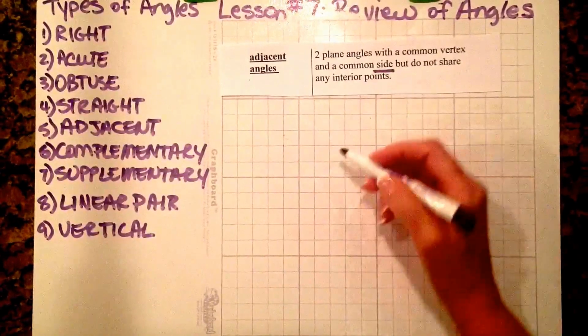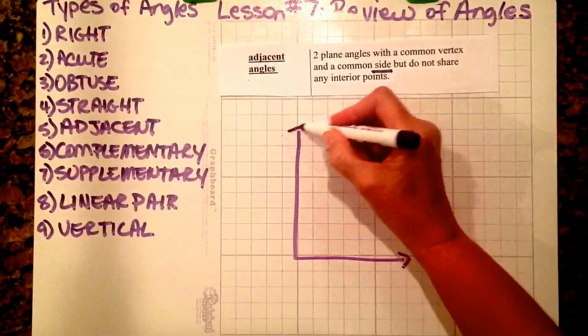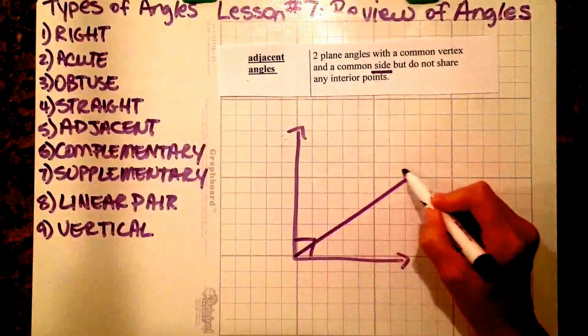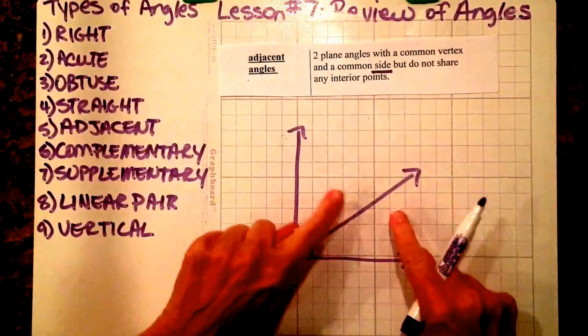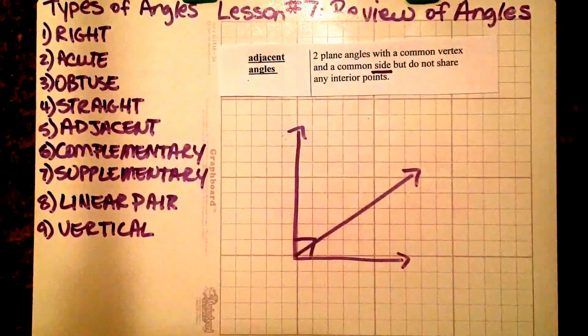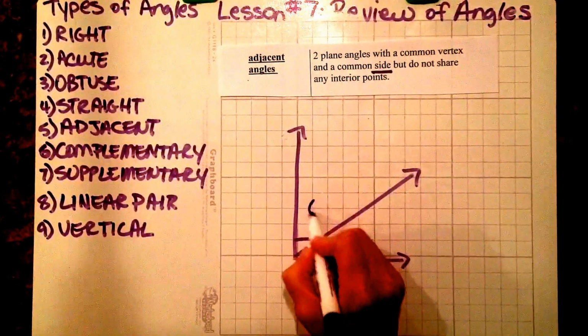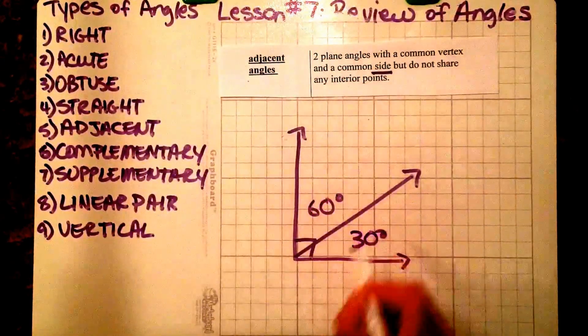Also, adjacent angles are not necessarily inside a right angle. Okay, this is your right angle here, and these happen to be adjacent. If I drew this angle and that angle, those are adjacent, but they're not necessarily the exact same size. This one could be, let's say, 60 degrees, and that could be 30 degrees, as long as they add up to 90.